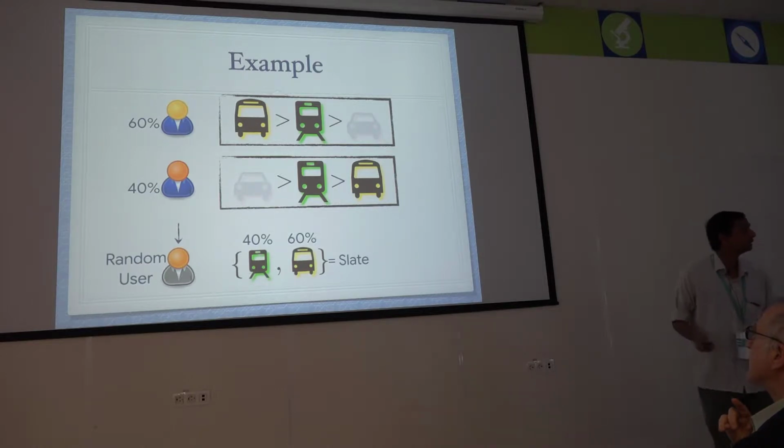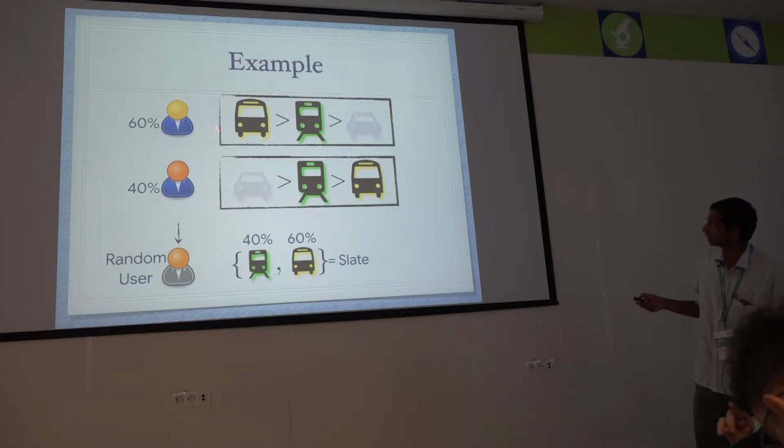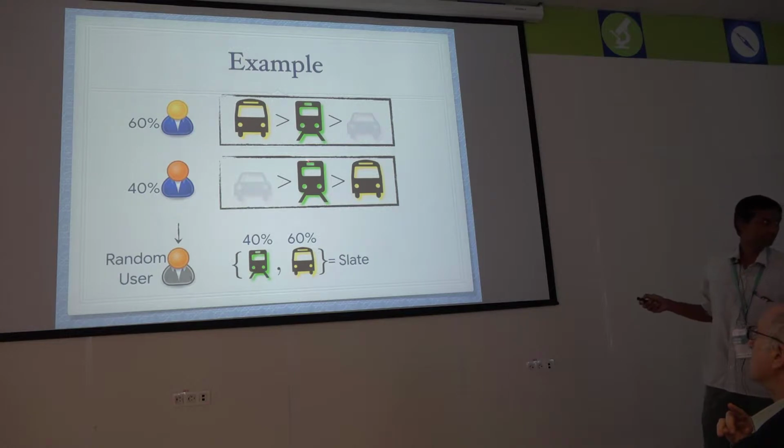Earlier we were just taking users. Right now, yellow user, red user, what is the difference in users? So think of each user as a distribution over utilities, which I argued that you can assume is a distribution over permutations. So the yellow user likes this permutation, and the red user likes this permutation.